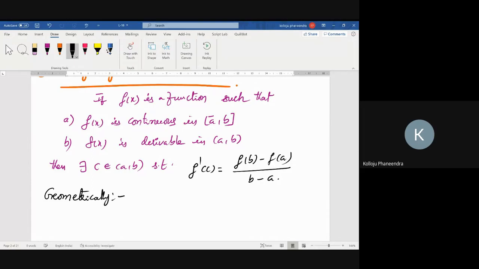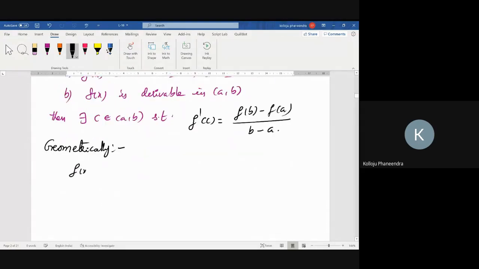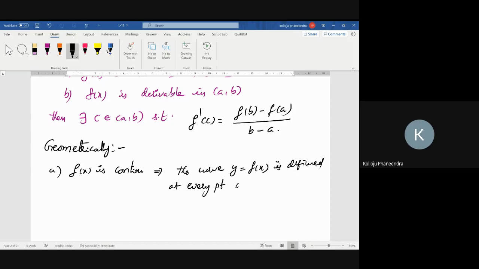First, f of x is continuous means the curve y equal to f of x is defined at every point of the interval AB.